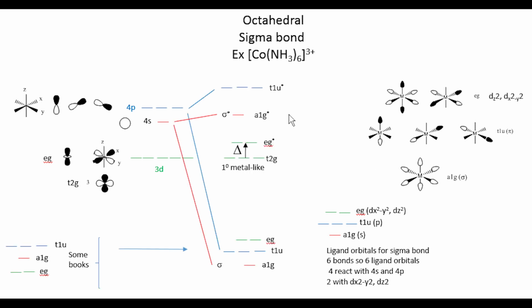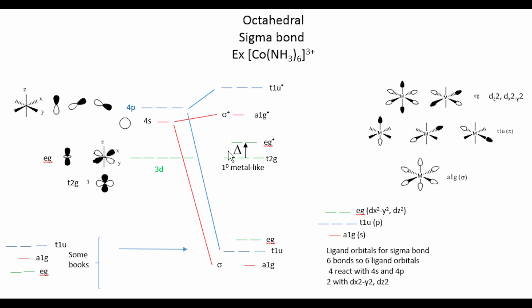So we're going to form MOs, and I think you can see that the lowest MOs are going to be bonding, and then we're going to have anti-bonding and some non-bonding. And the bonding ones would be between, for instance, the 4s and the A1G, which is S-like. And then we're going to have 3 T1U orbitals, which are equivalent to interactions like of the 4p with like the p orbitals on the ligand.